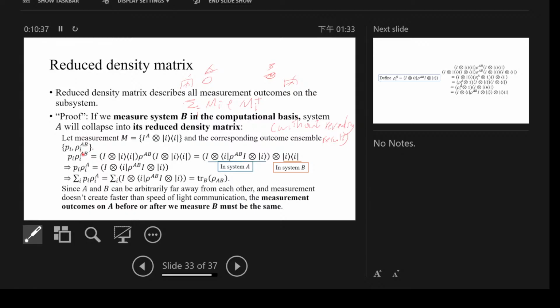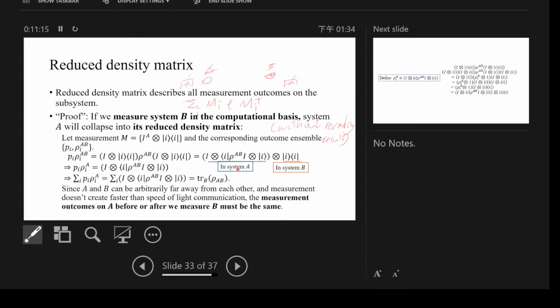And so we can calculate this p_i rho_i AB. For a particular outcome i, multiplied with probability p_i, you just sandwich your rho AB with your measurement operator, I_A tensor identity, and here we omit the A. Then this thing will become this thing.